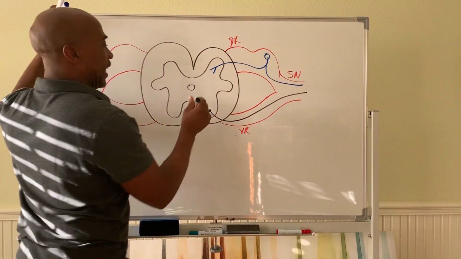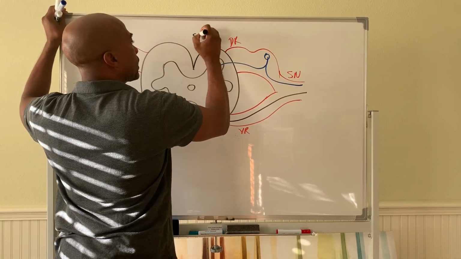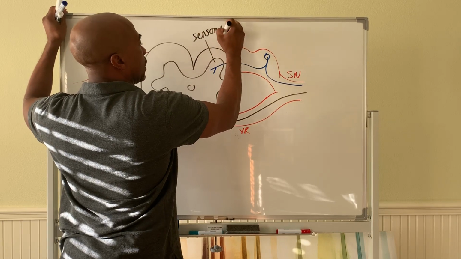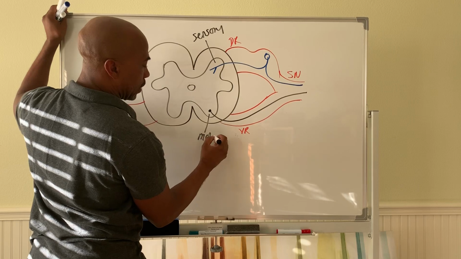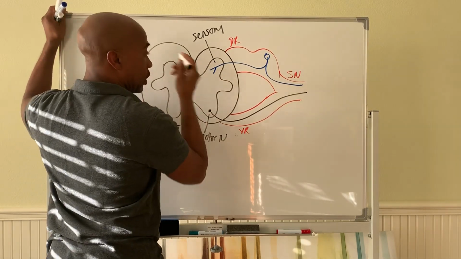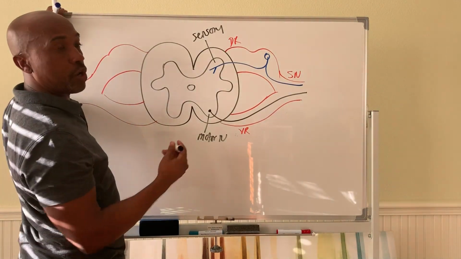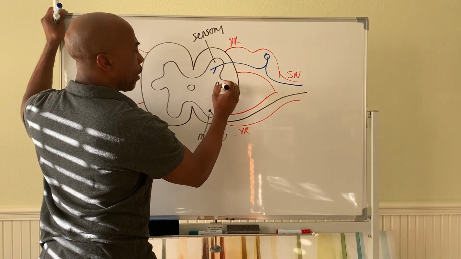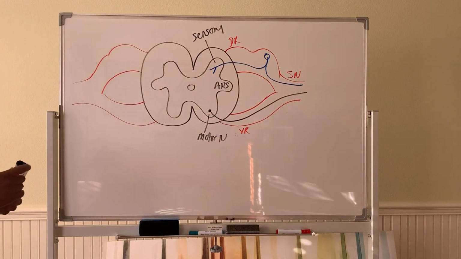So basically, the dorsal root contains sensory neurons. The ventral root contains motor neurons. And the lateral horn contains neurons that control your internal organs, what we call your autonomic nervous system neurons. They travel through the lateral horns.